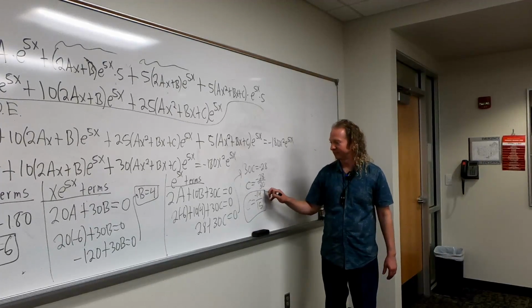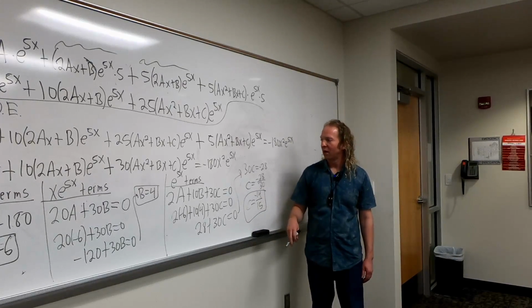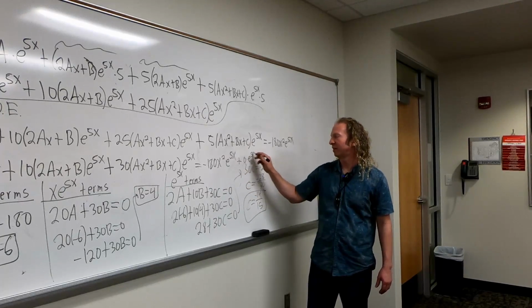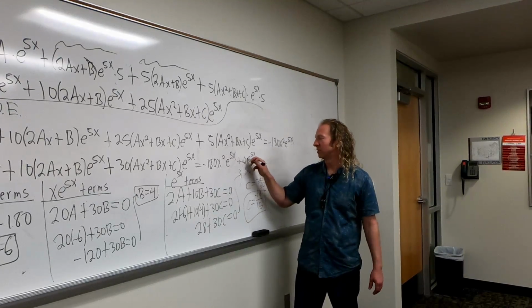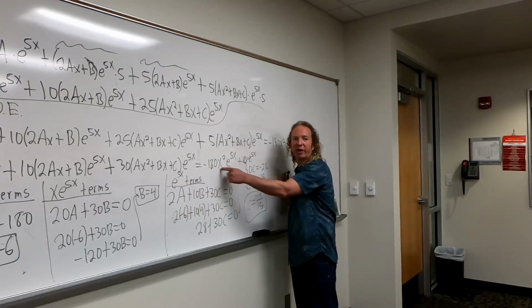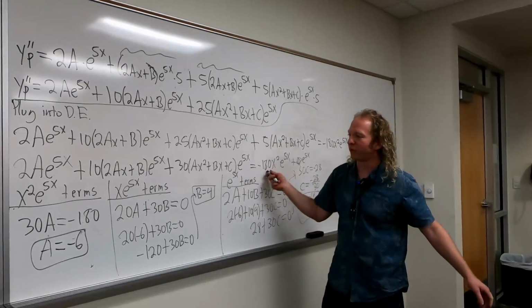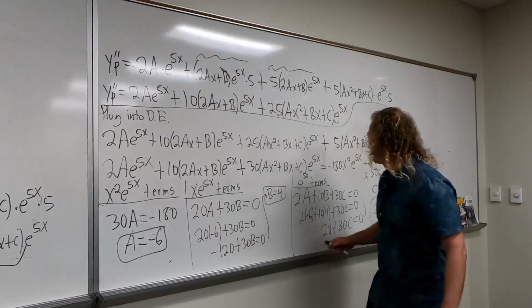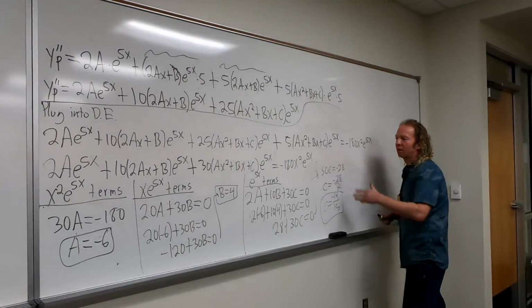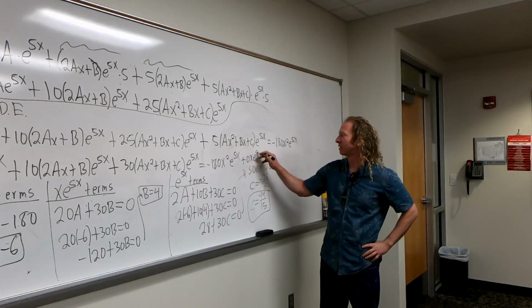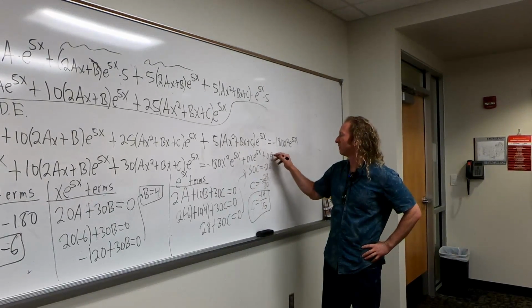Why is it just equal to 0, not the -180? Because there's really a 0 times e to the 5x here, and so you set it equal to 0. That was just for the first one, for the x squared. You can think of it like this: plus 0x e to the 5x plus 0 times e to the 5x.